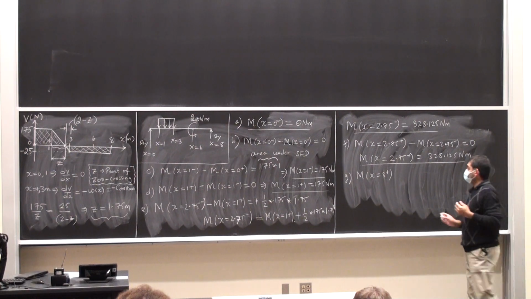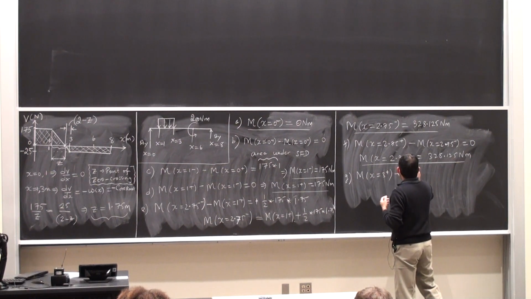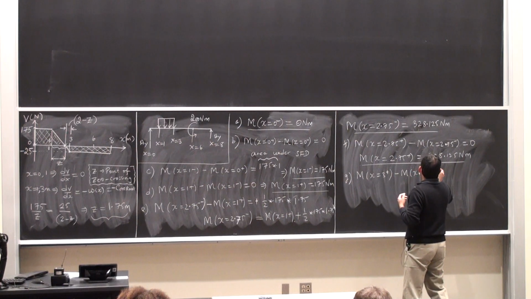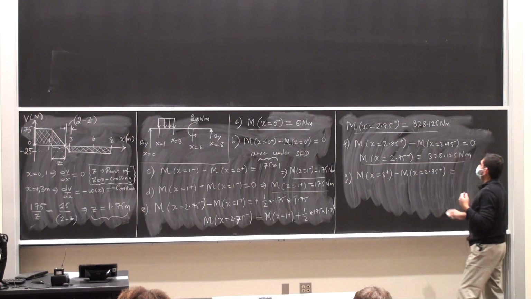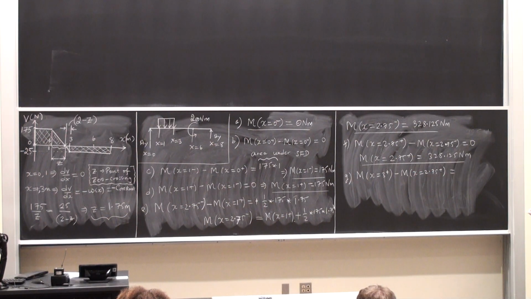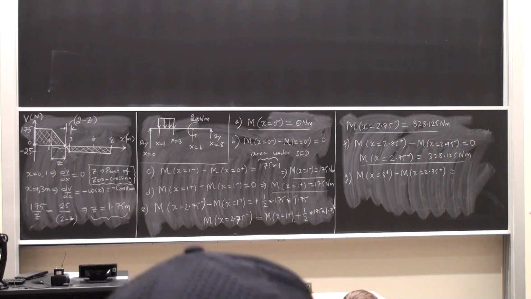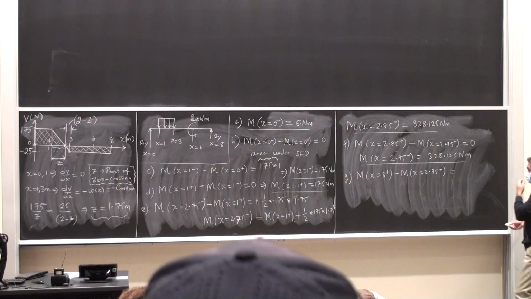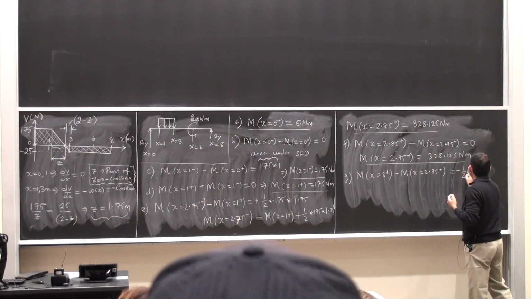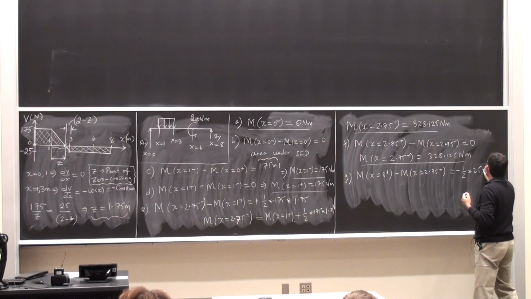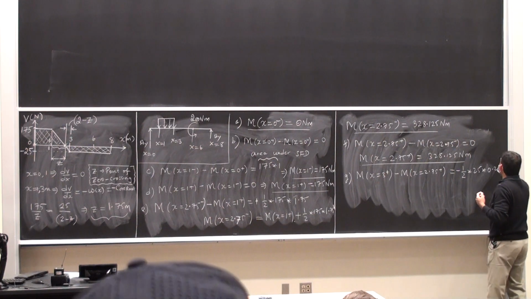Minus M at 2.75 plus, this is now a negative area triangle of length 2 minus 0.25, so minus half 25 times 0.25.